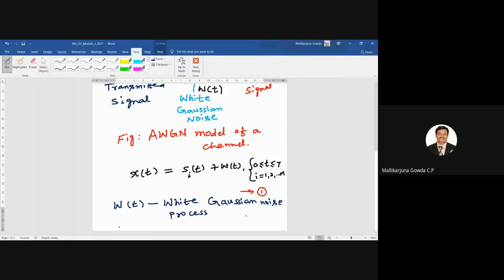And if I write small w of t, it is the sample function of the random process capital W of t, the sample function of the white Gaussian process W of t. Is that fine? Are you able to understand what I am saying?